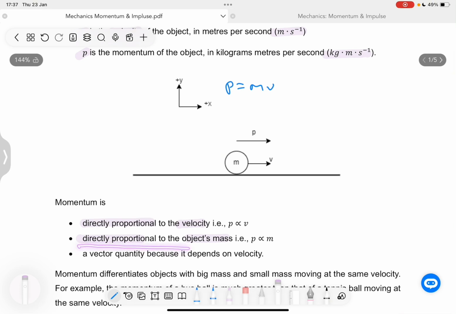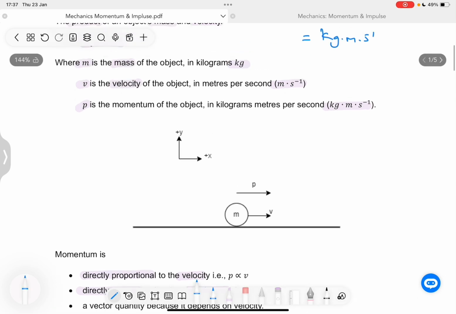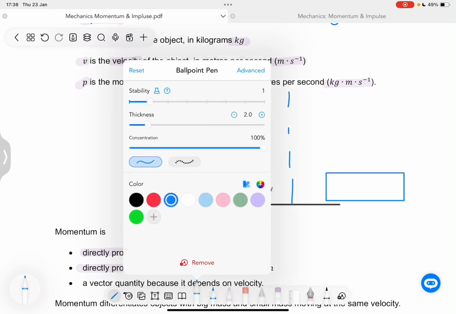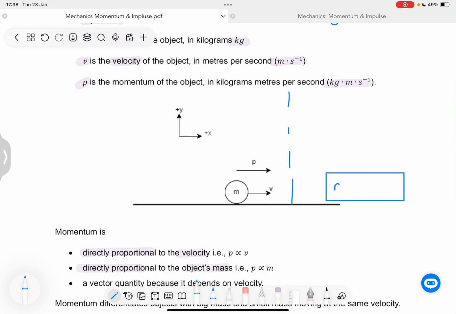So what does this relationship entail? Why do we need to see this relationship? This relationship is important because it will help us to study momentum when we compare different objects. How do I mean? Suppose we have a box that has a mass of the box given by 2m.